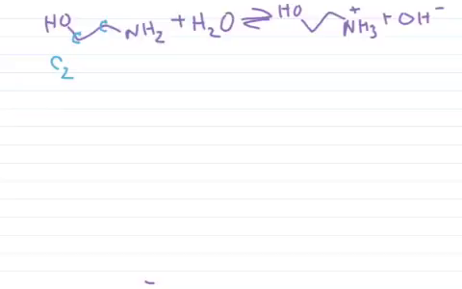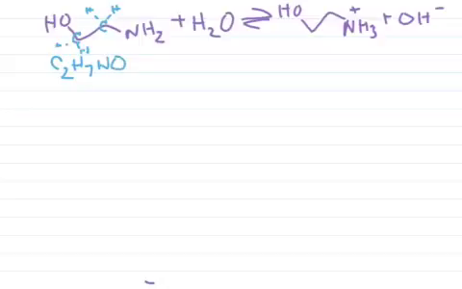We have 7 hydrogens, a nitrogen, and an oxygen.